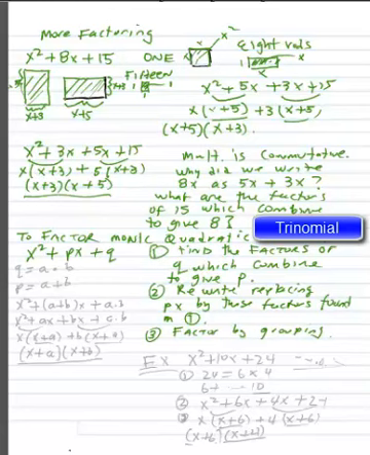Suppose that we found the factors of q. Suppose q is equal to some number a times some number b. At the same time, that number p is a plus b. Then we can rewrite x squared plus px plus q as x squared plus parentheses a plus b times x plus ab, which is the q term.